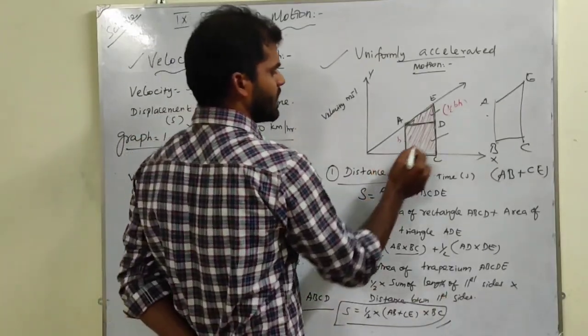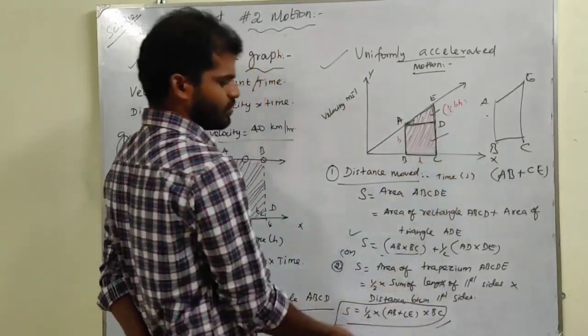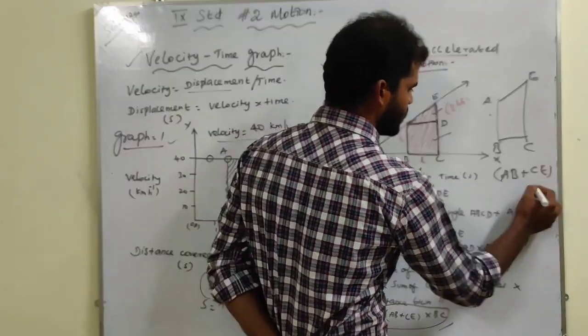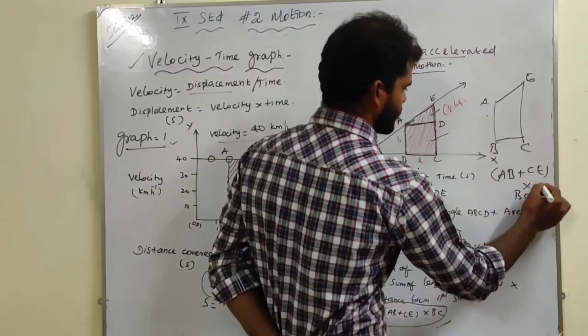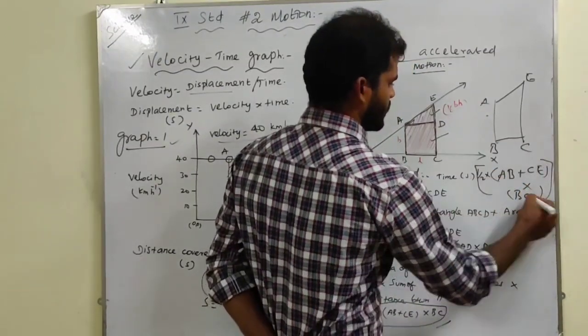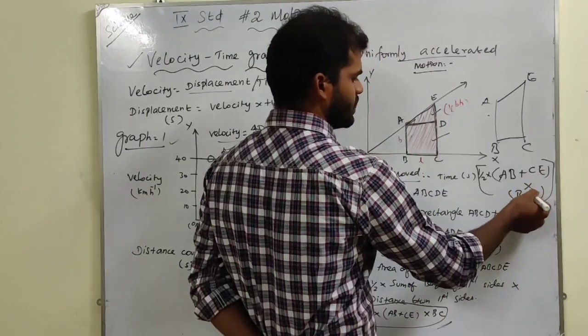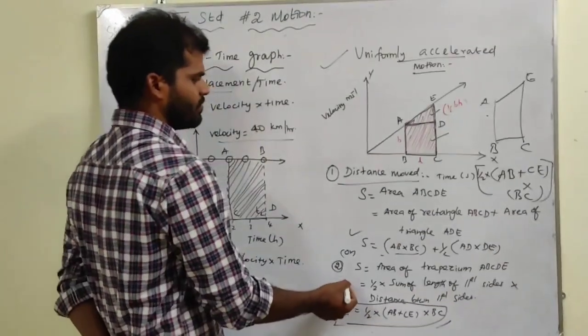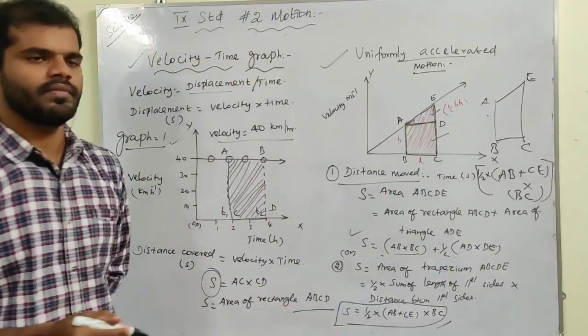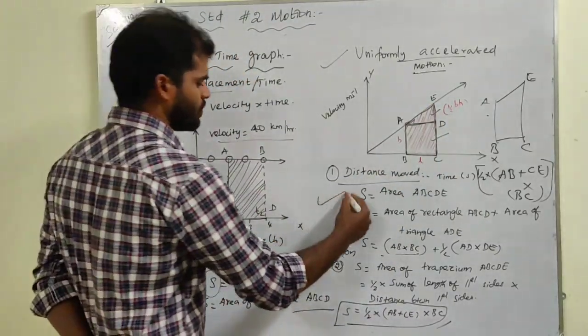What is the distance between the parallel sides? That is BC or AD. Anything we can take, and I have taken BC. So half into (AB plus CE) into BC, that is the formula for this entire area. So the total distance covered we can calculate by using these two formulas.